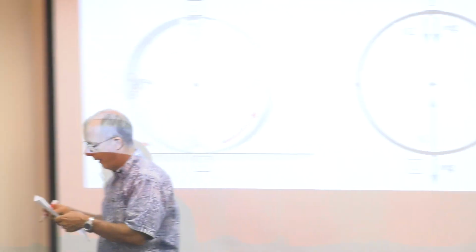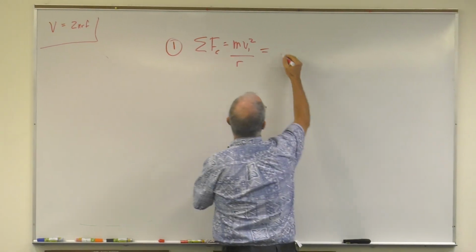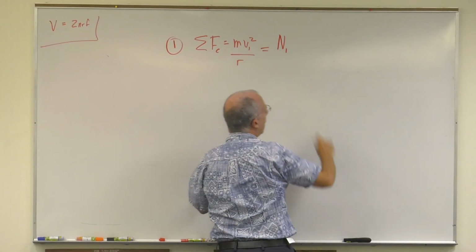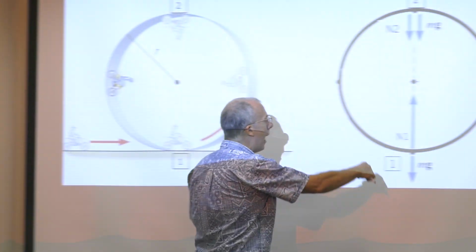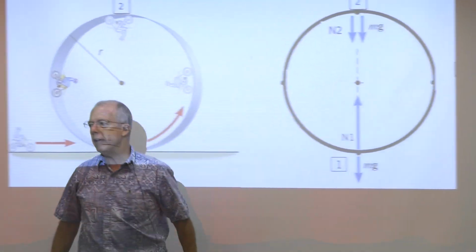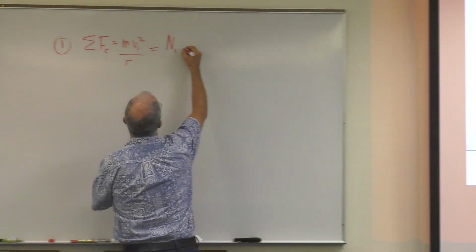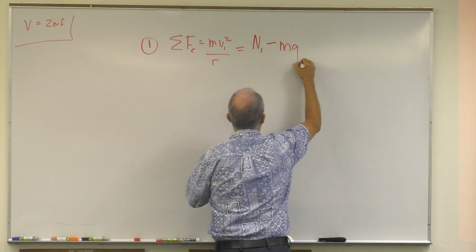Now I don't know why, but they use uppercase N, so I'll just follow it. So N1 points towards the center of the circle, but mg points away from the center of the circle, so we give it a negative sign, minus mg.